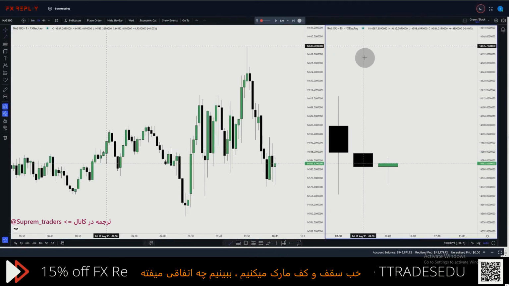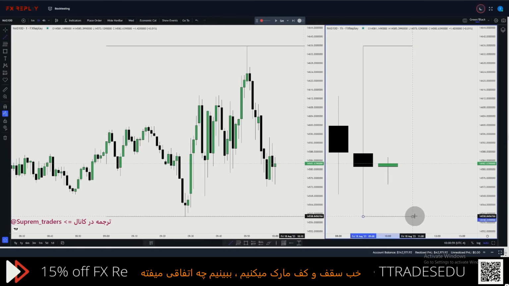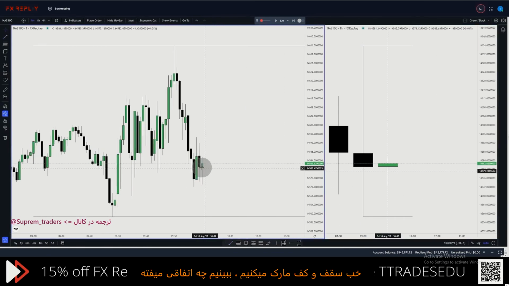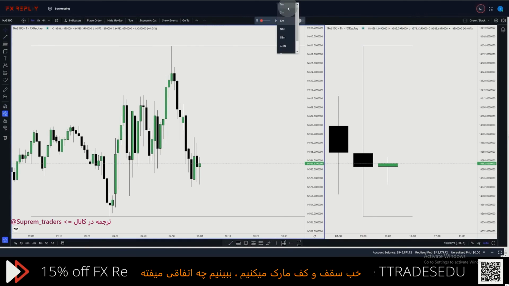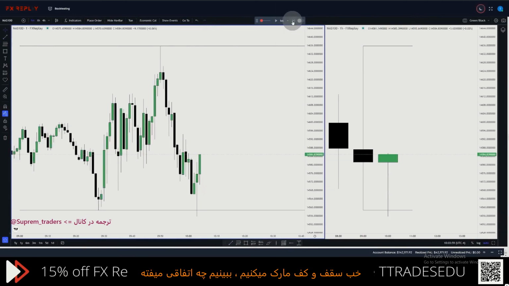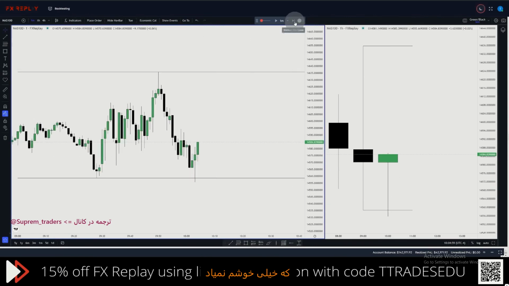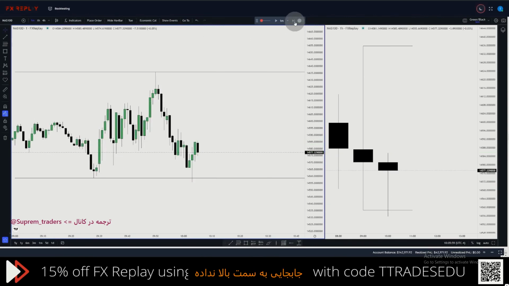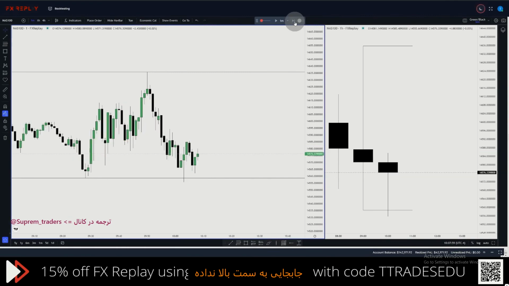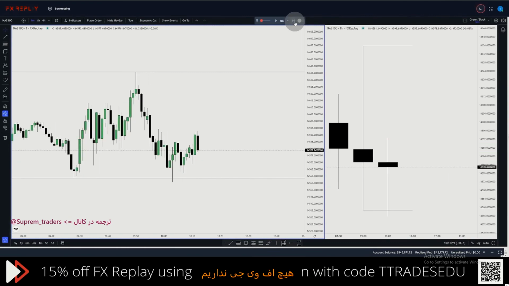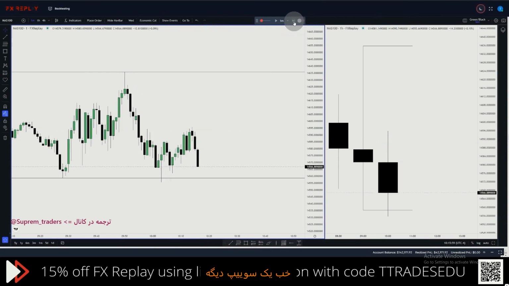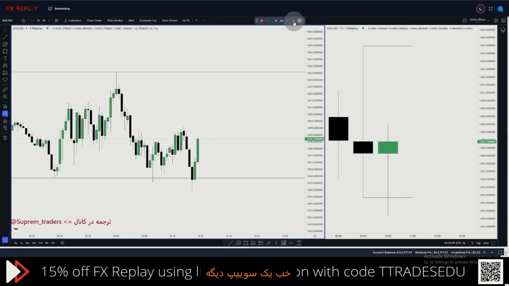So here we have our high and our low marked out. Let's see what happens here. There's a sweep. It's very shallow, which I'm not a huge fan of. No real displacement up. No fair value gaps, just met. Okay, here's a sweep again.